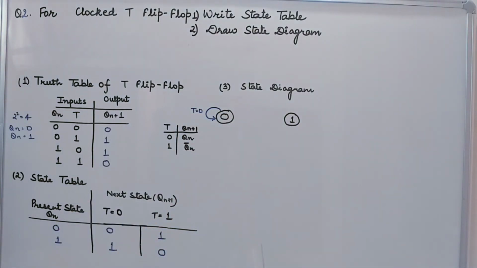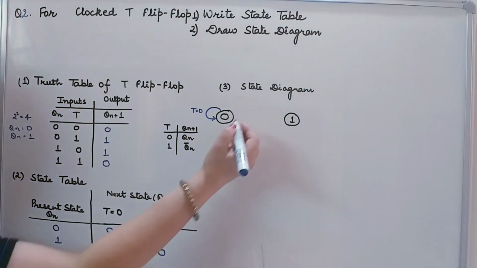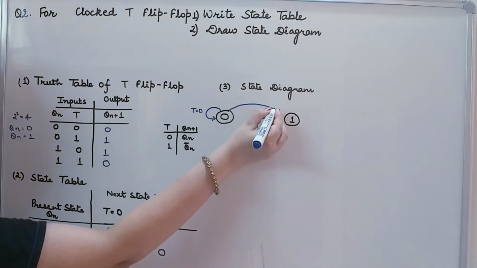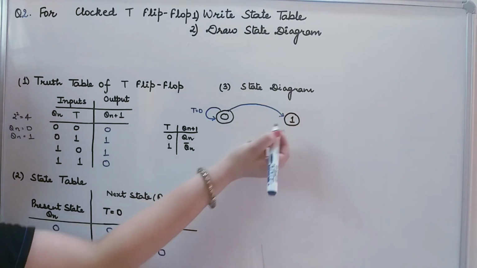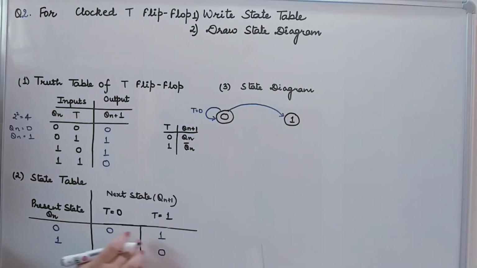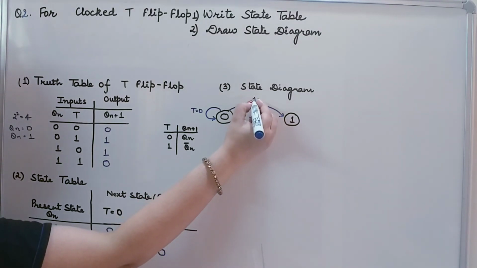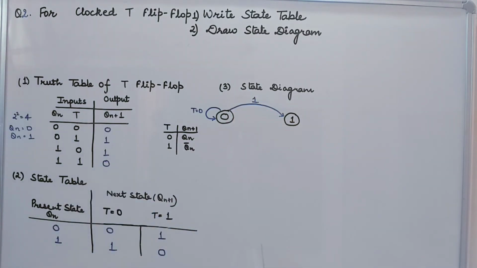That means the same thing, that for this particular input I have the same state change, that is from 0 to 0. Now my present state is 0, and what is the next state? 1. This is the directed line which is showing the state transition from 0 to 1. For what input? That is equal to 1. So I can simply write down 1, or I can write down T equal to 1, which means the same thing.